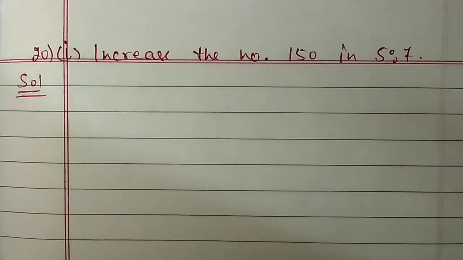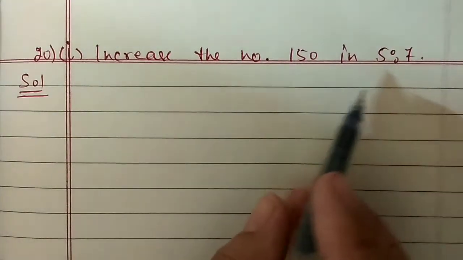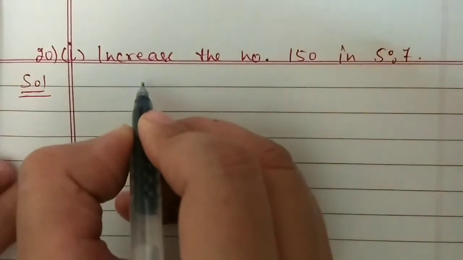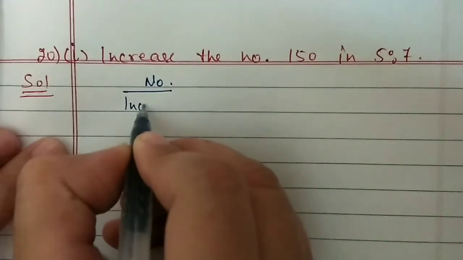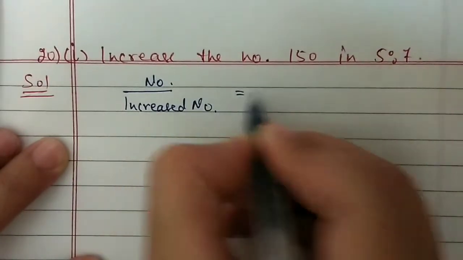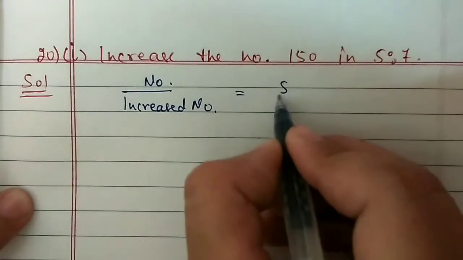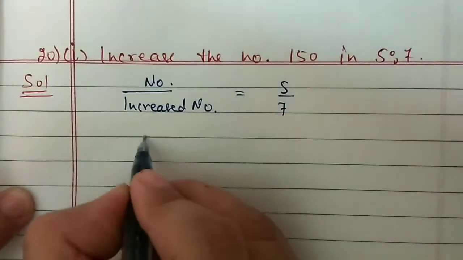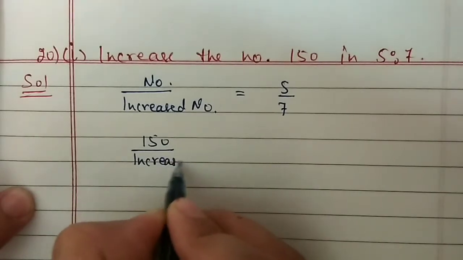Next question number 20, first part. Increase the number 150 in the ratio 5:7. So we have to increase the number. We will take the ratio of number and increased number, which is 5:7. The number we know is 150 and the increased number we have to find out.